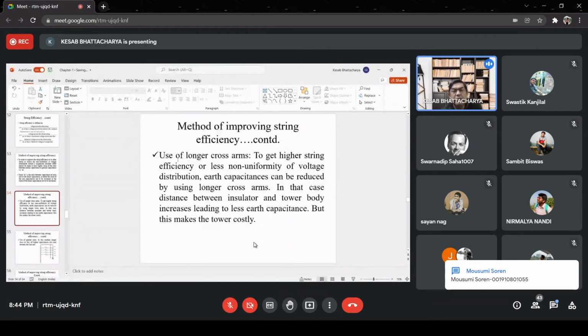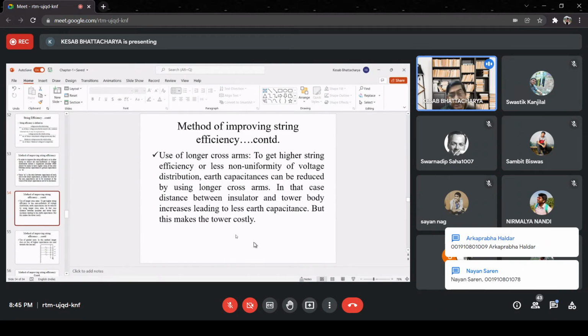One way is use of longer cross arms. Here, if you use longer cross arms, then the distance between the tower body and the pins of the suspension insulators will increase, and capacitance is basically epsilon A by D. Since epsilon remains the same, as the insulator unit is placed in air, and cross-sectional area also remains the same, by increasing the distance between the two electrodes, we can reduce the value of the capacitance. That is one way.